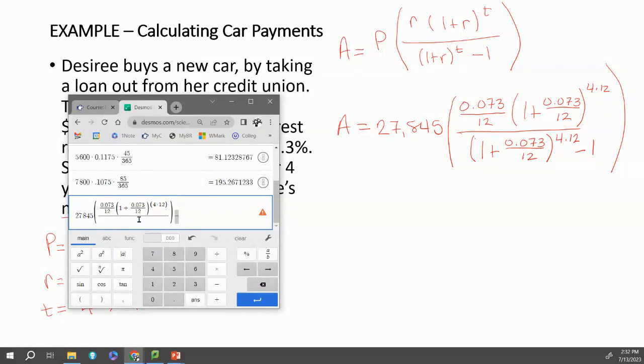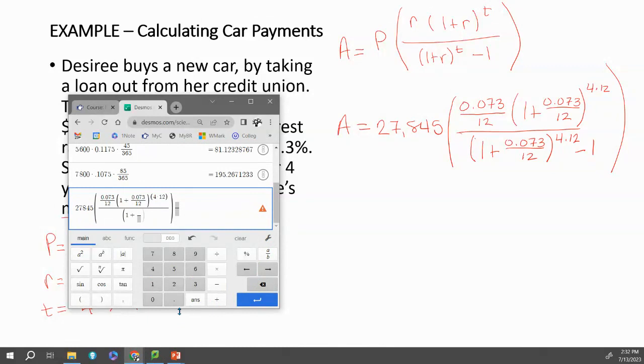So denominator, make sure your cursor is down there. Open a parenthesis, 1 plus. Now we need a fraction. Rate divided by time, which is 12 months in a year, because we need a monthly rate.